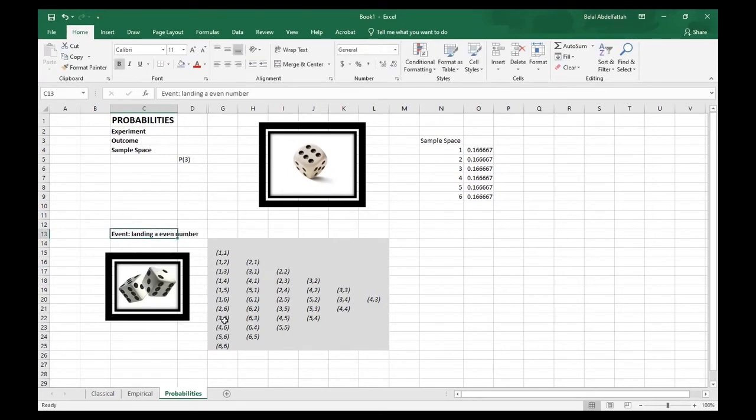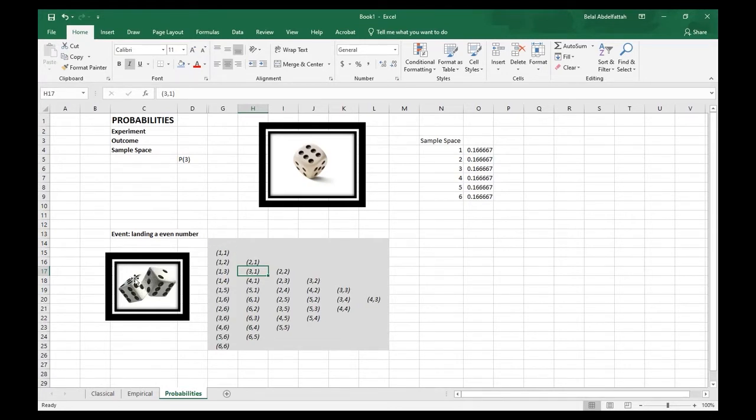After I figure out what my sample space is, and I did this ahead of time and found out there are going to be 36 possible outcomes, I could create a frequency distribution table off of this. Now, I know one of my outcomes when I roll the dice would be two, and this could only happen once because each one of the dice would have a one face up.